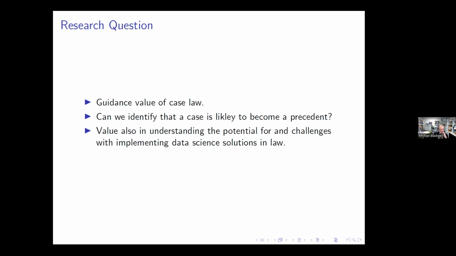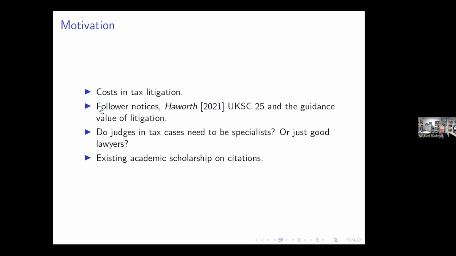And this has a broader value in understanding how data analytics in litigation can work. Definitely in the UK, and I understand also in Australia now, lots of law firms are engaged in data analytics. So this project shows some of the potential for it and some of the challenges and also the limitations with applying data analytics to litigation.